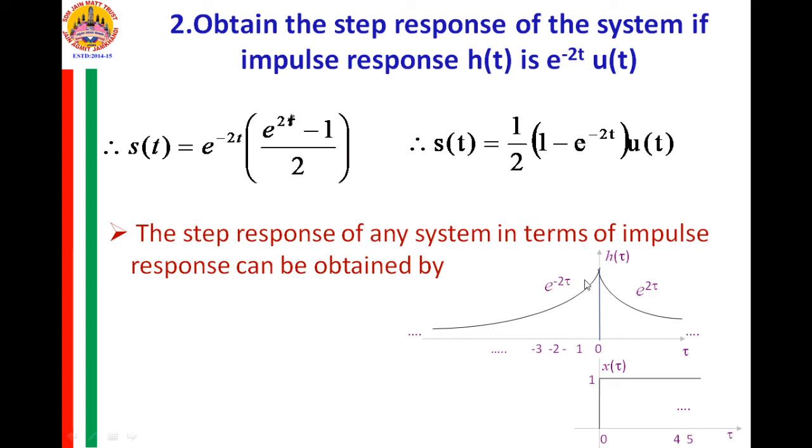I am not taking it to evaluate this actual convolution between this h of tau and this x of tau. I am generalizing this step response expression by sketching this h of tau. So this sketch may be anything, amplitude may be anything from minus infinity to plus infinity.